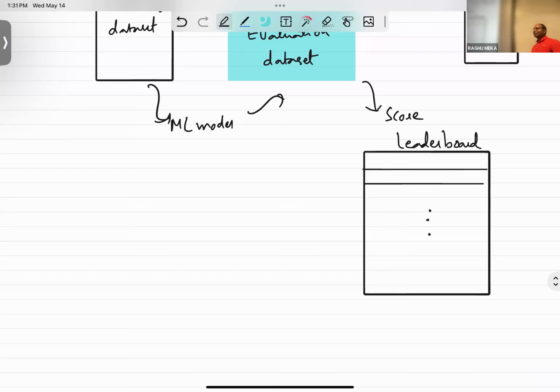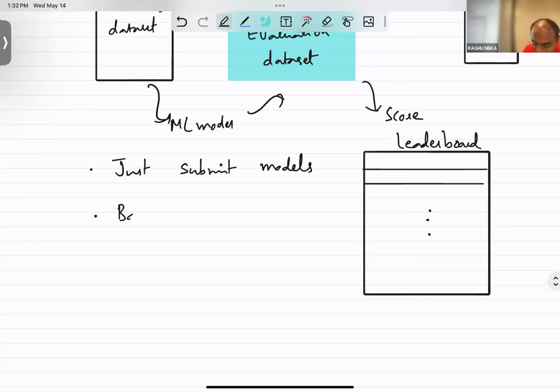And at some point, someone figured out that you can really hack your position on the leaderboard without doing any ML model. Okay. So meaning what they did was, I'm just going to submit some completely bogus models.